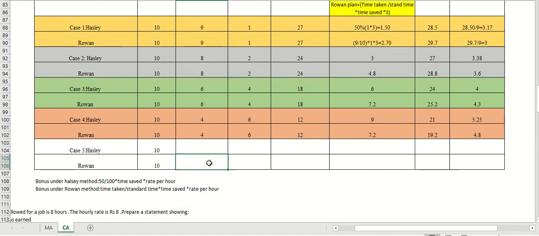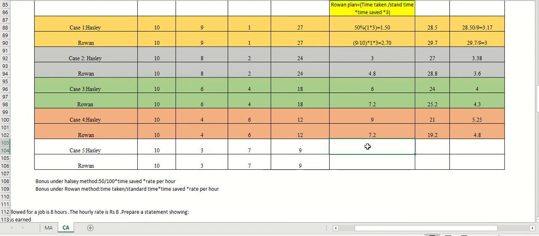So only the time taken is changing for each case. So your time saved is 10 minus 3, which is equal to 7. And for the second one under the Rowan method also, 10 minus 3, which is equal to 7. So your wages is equal to rate into actual time. So 3 into 3, 3 3s are 9, and 3 into 3, 9.